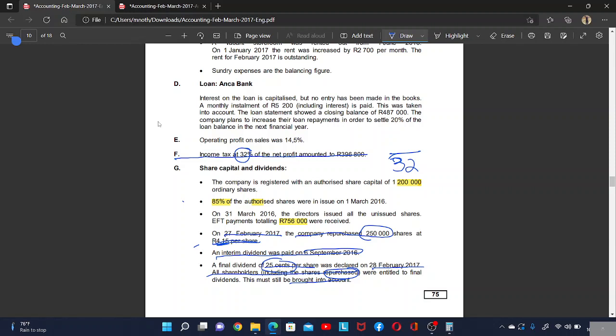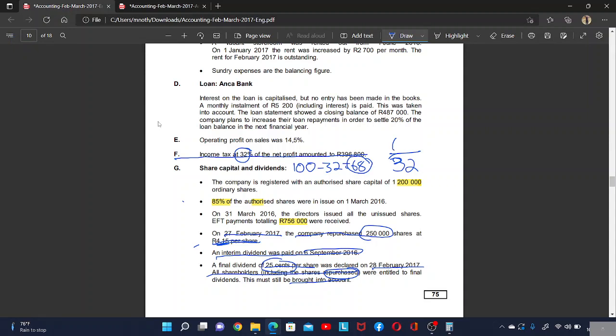Because we are looking for the net profit after tax, 100% minus 32 is equal to 68. So 68 is the net profit after tax.